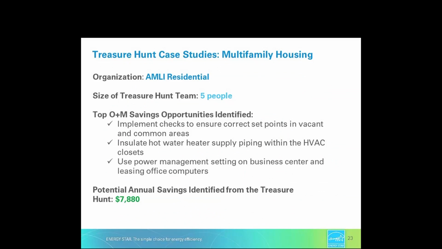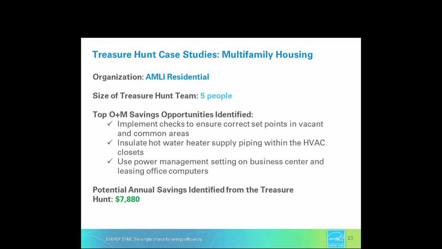There is an option for organizations that have implemented treasure hunts to report back to EPA what their experience was like, and if applicable, what their savings were. So we just pulled out a small handful here to review. This is by no means meant to be broadly representative, but rather indicative of the sorts of things that can be found within the treasure hunts.